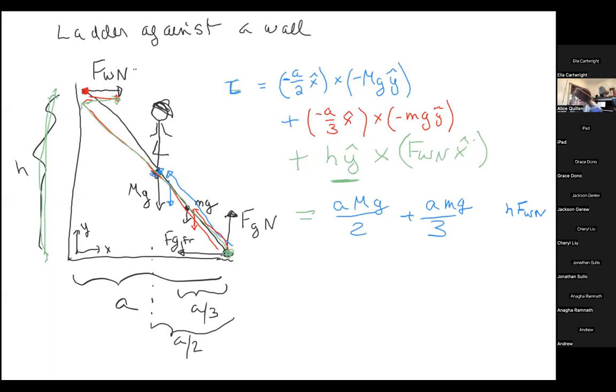Why does the ladder rotate around the center of mass in this situation? So the ladder doesn't rotate around the center of mass. This is just when you're computing torque, with gravity you can apply it at the center of mass point.